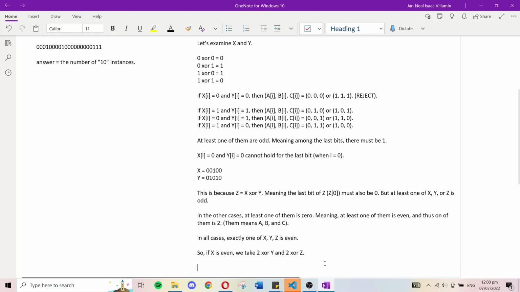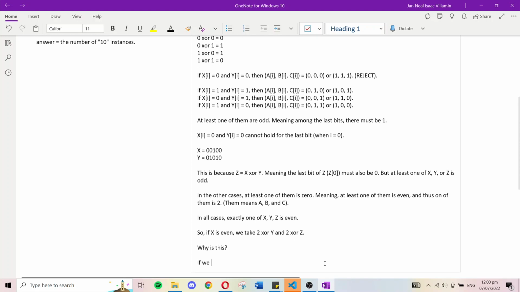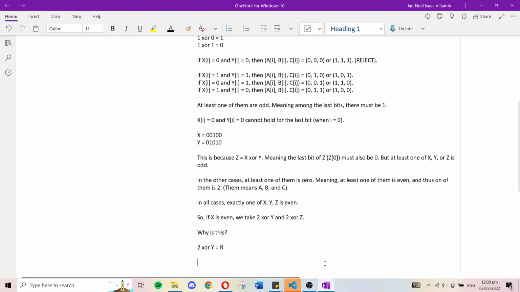So why is this? If we XOR a number with 2, suppose 2 XOR y is equal to r. Note that 2 XOR r is equal to y as well.